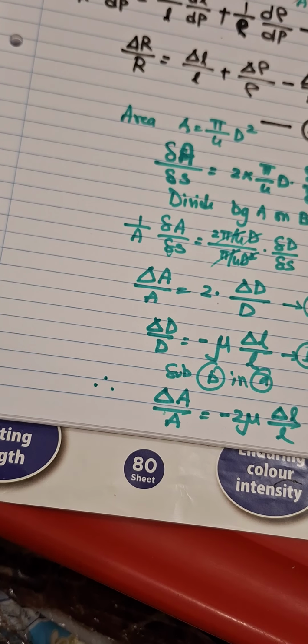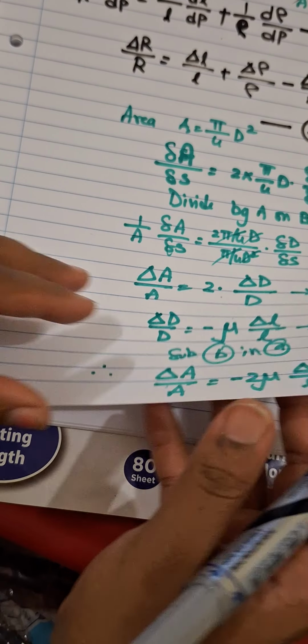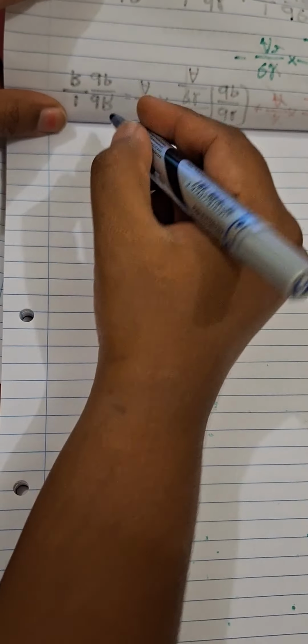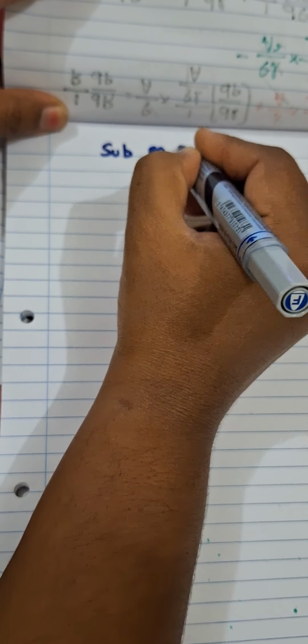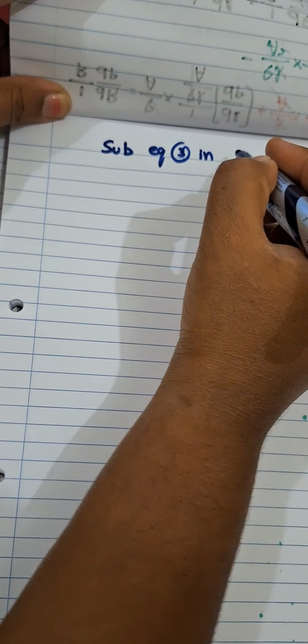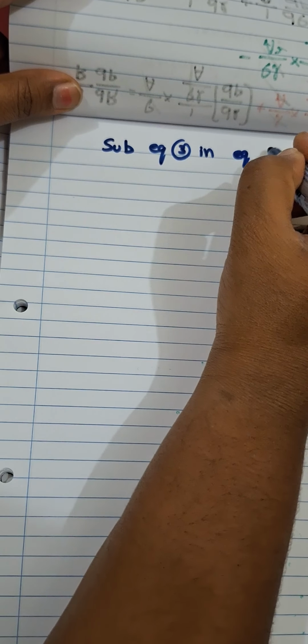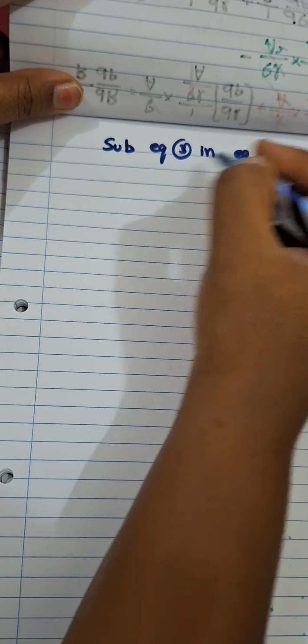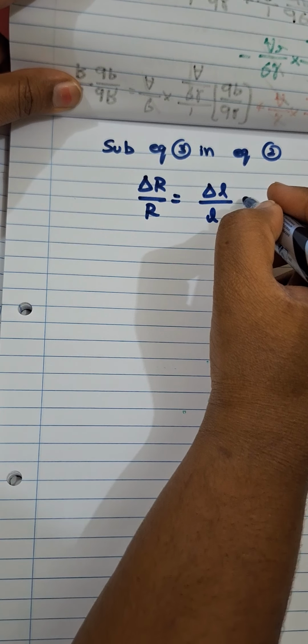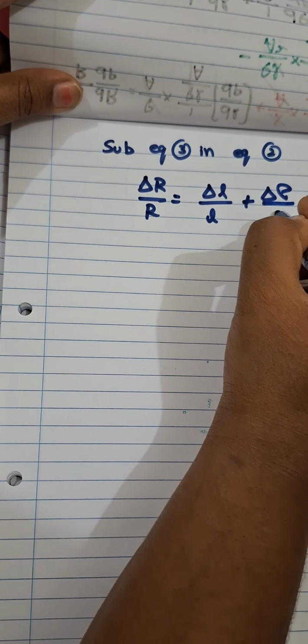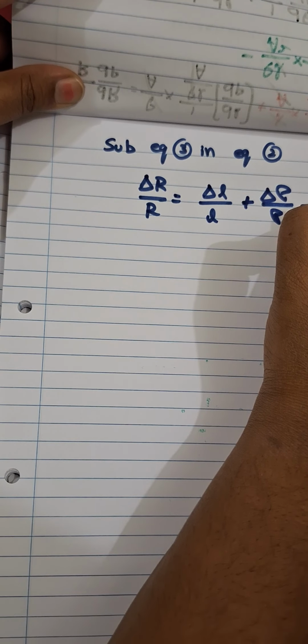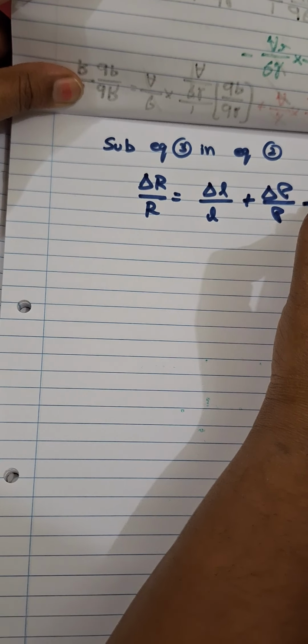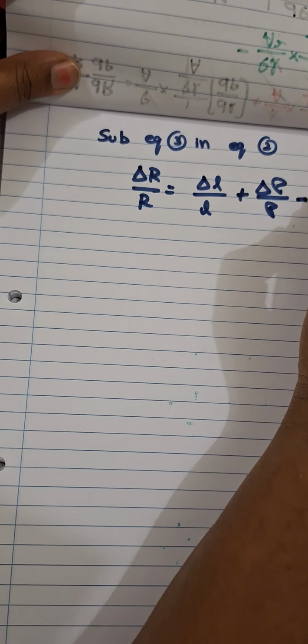So now let us substitute equation 3 in equation 2. Then it will become del R by R is equal to del L by L plus del rho by rho minus del A by A.